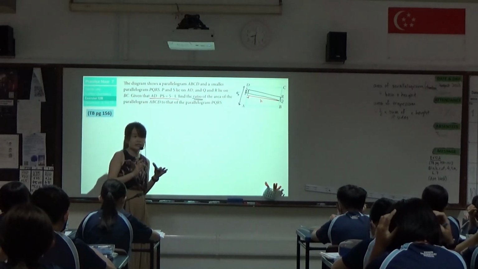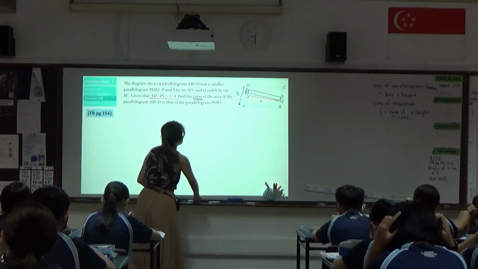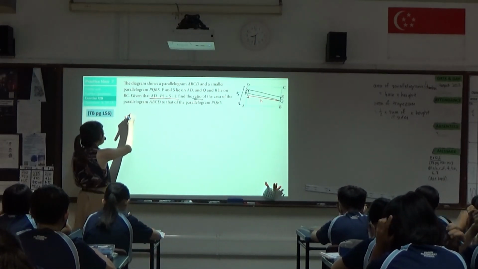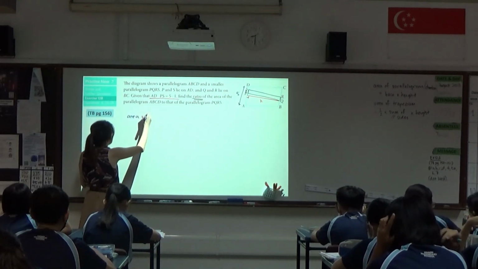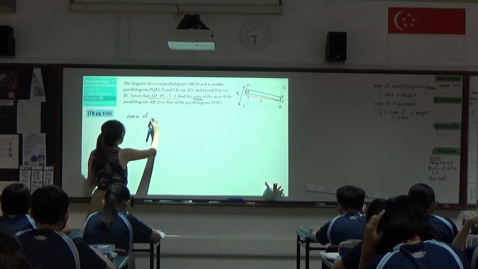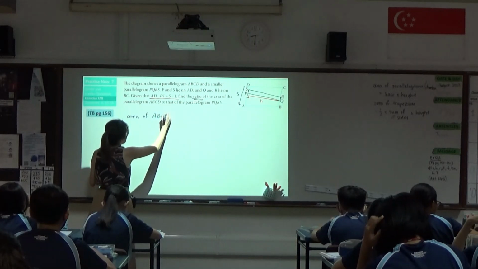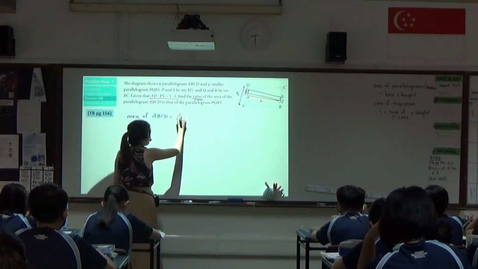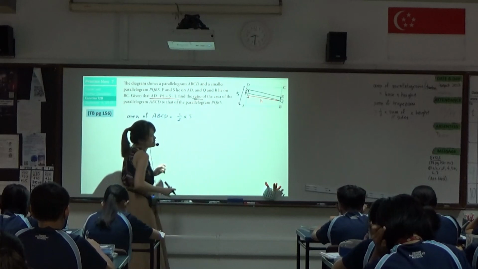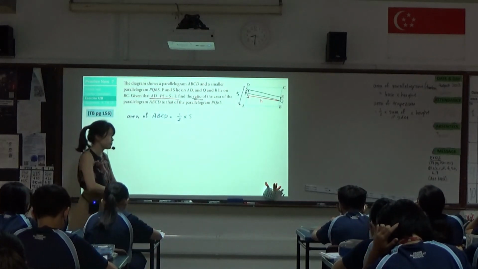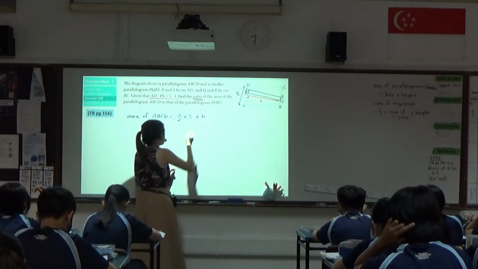Questions? You see? Okay. So therefore, the area of the parallelogram ABCD has the formula, let's just take it as 5 units times the height.